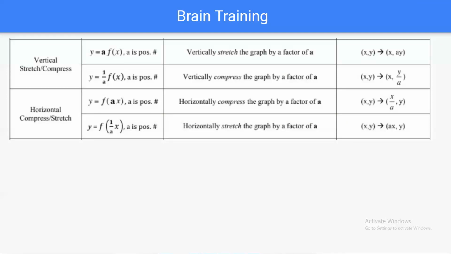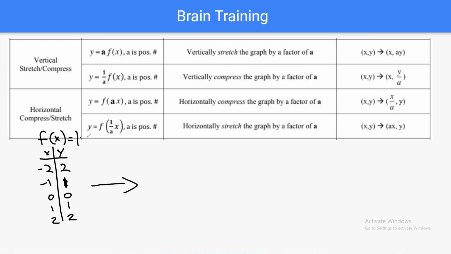So going on to my parent points, x, y: negative 2, 2; negative 1, 1; 0, 0; 1, 1; 2, 2. From my parent function, f of x equals absolute value of x, to f of x equals 3 absolute value of x, my new points will be what?